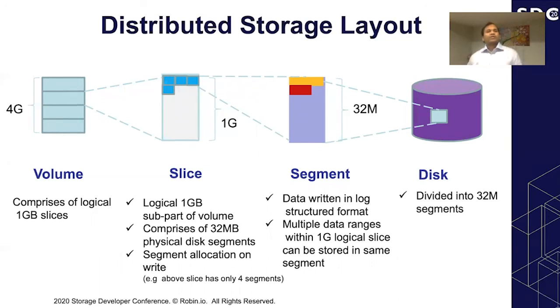So the layout for Robin is that a volume is logically divided into 1 GB slices, and each slice is comprised of multiple 32 MB physical segments, right? Only a write can actually trigger a segment allocation, which means that if no write has come, then no physical storage is allocated.